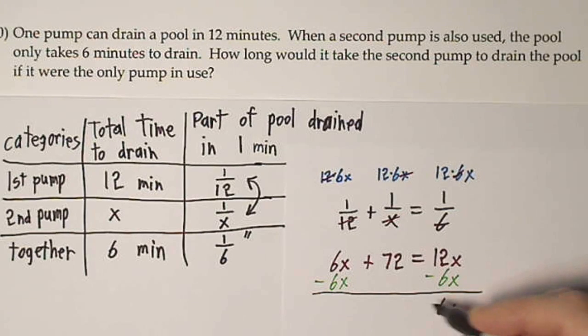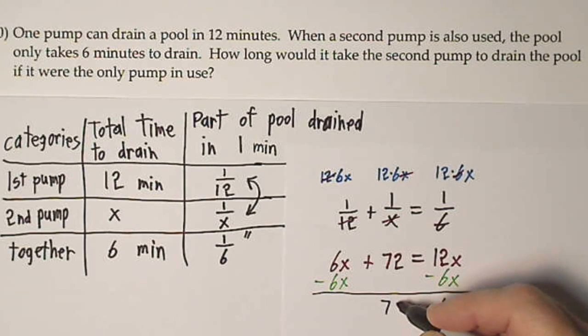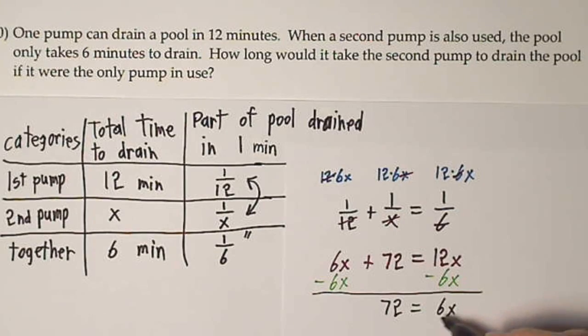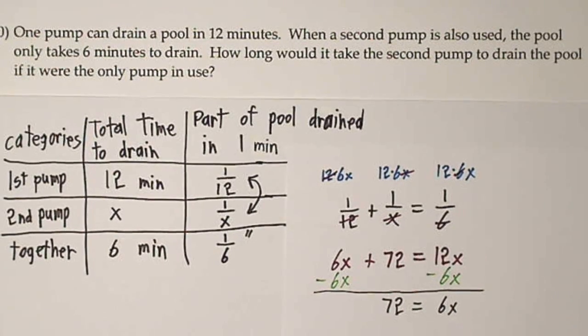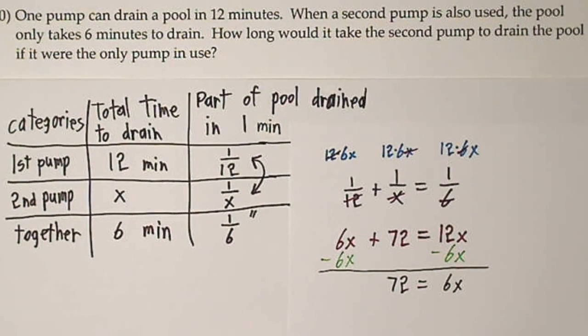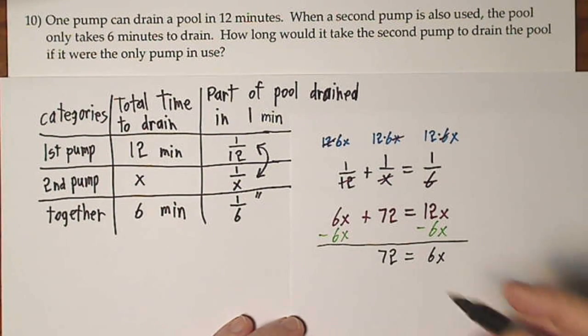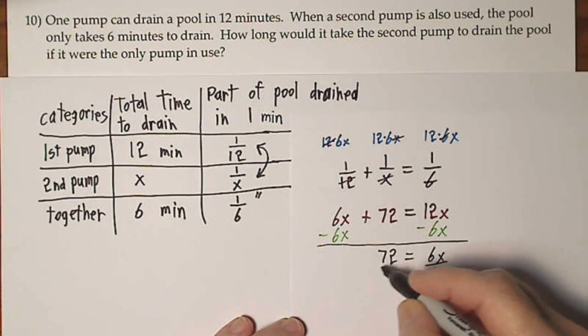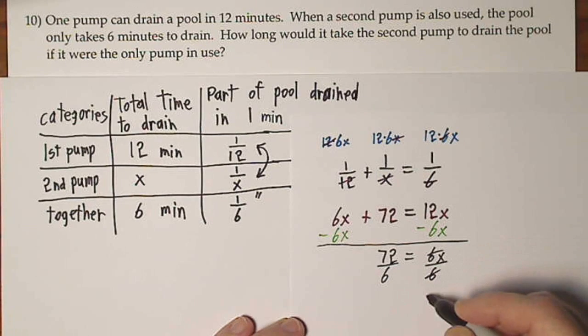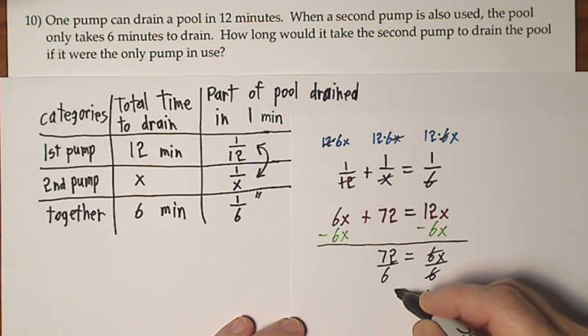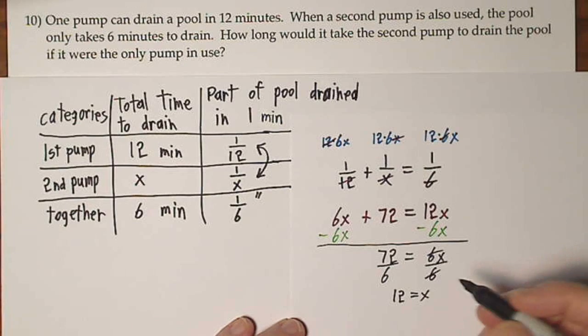So we're left with 6x equals 72. We need x by itself. So we will divide by 6, and x is equal to 12.